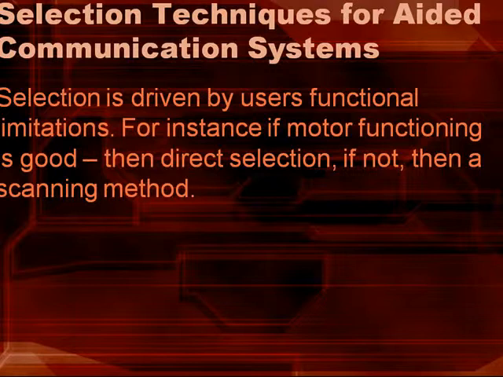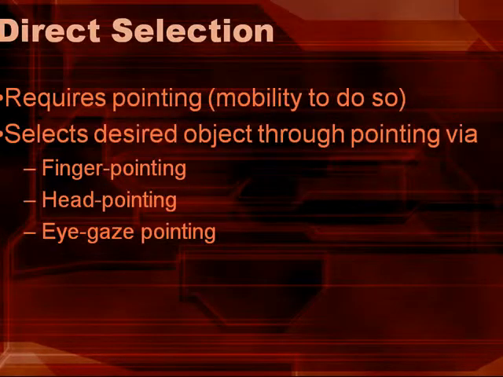If not, then we have to use some form of scanning method. So direct selection really requires pointing and the mobility to do so. So we can use things, like I said, to select the desired object by finger pointing, by head pointing, or by using an eye gaze pointing system.